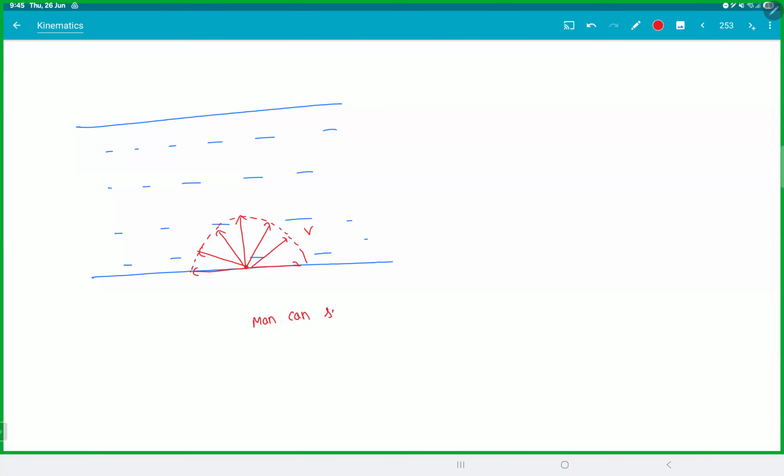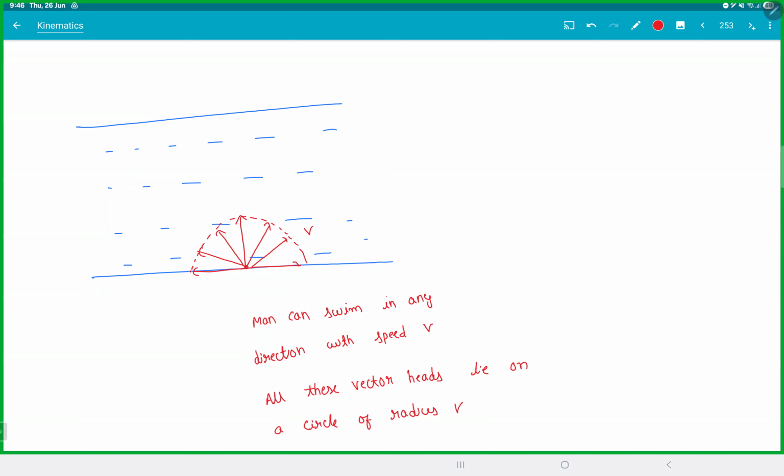So all these vector heads lie on a circle of radius v.